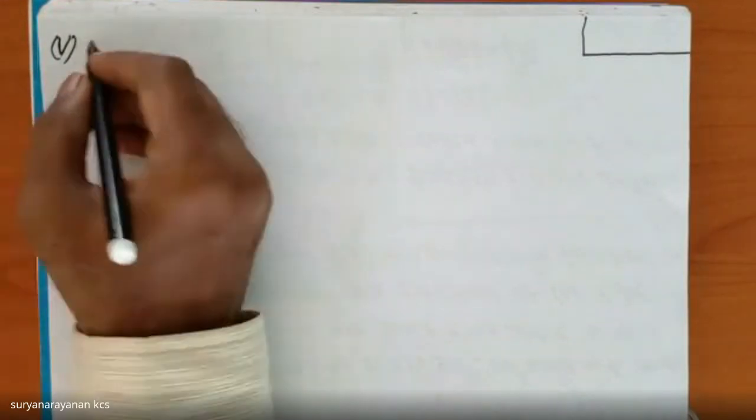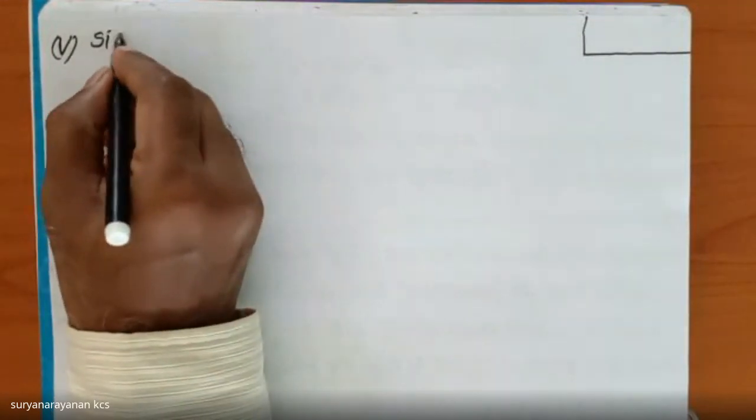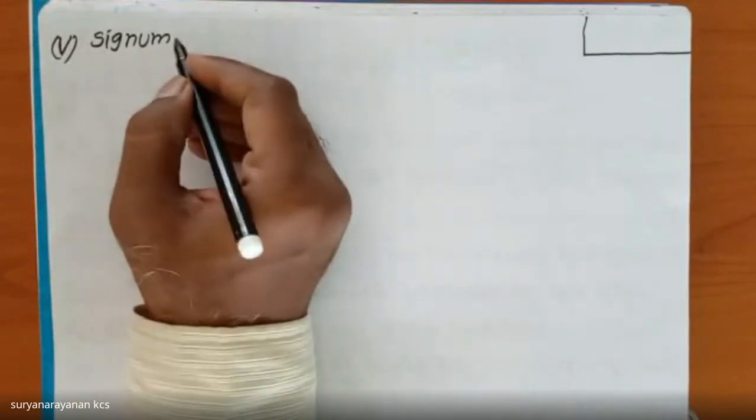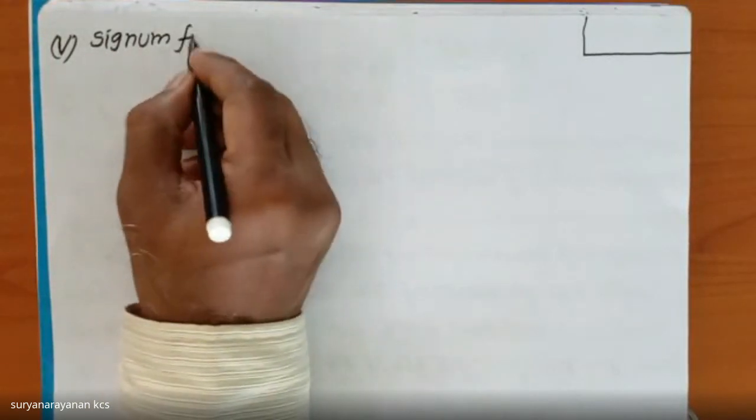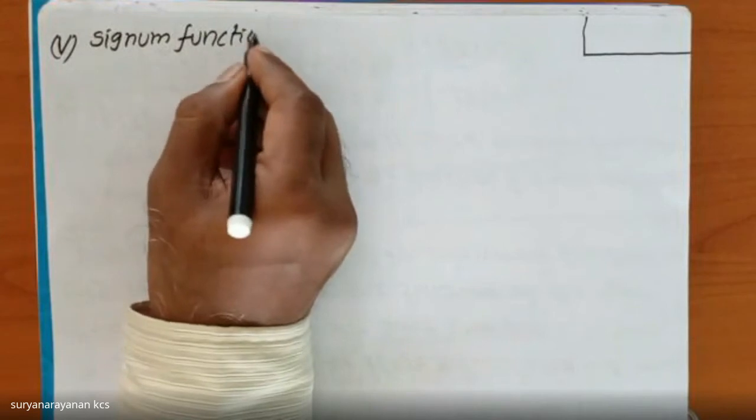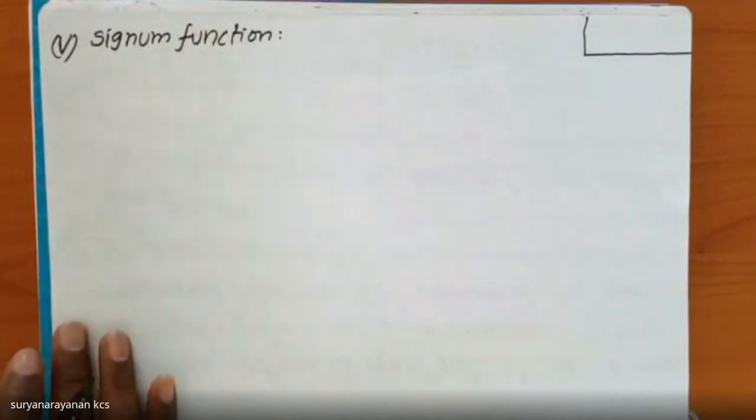Now come to two more real functions. Yesterday we had discussed some real functions. Today we are going to discuss two more real functions and their graphs, the signum function and another.